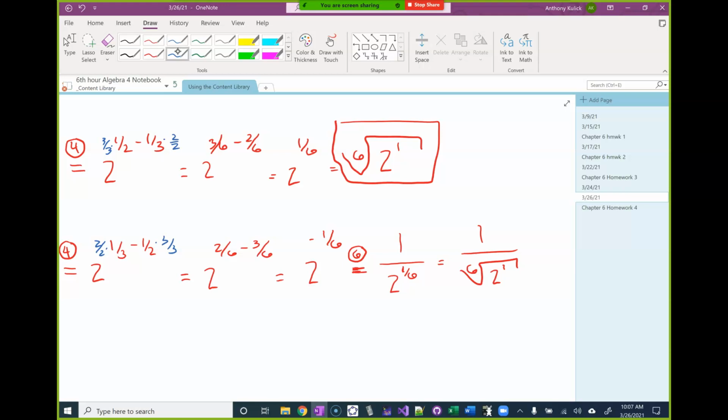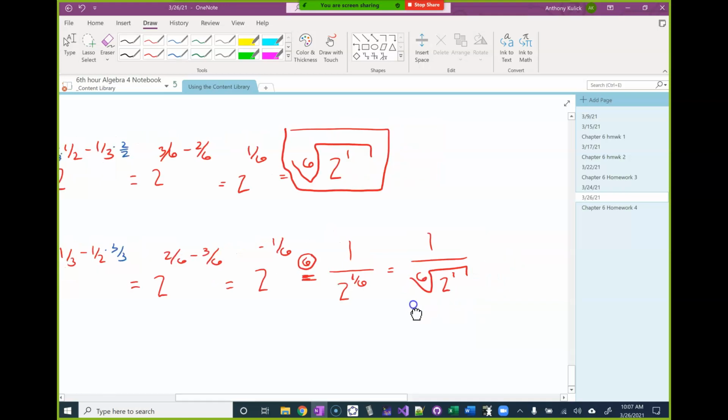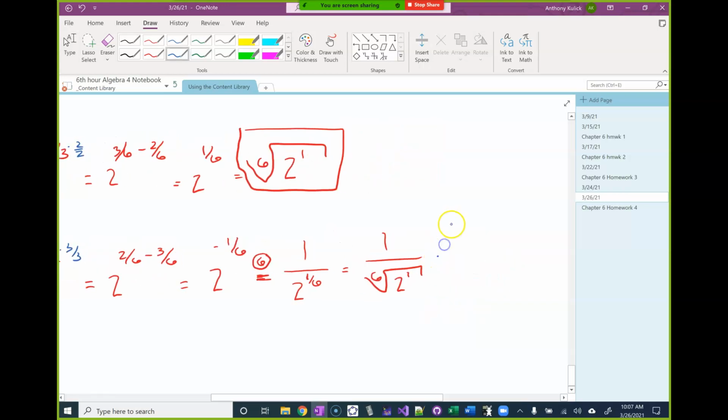So currently I have the 6th root of 2 to the 1st. How many more 2's do I need under that 6th root to get rid of the radical part? 5 more. I need 6 total. I have 1 already. So we'll multiply the top and bottom by the 6th root of 2 to the 5th.